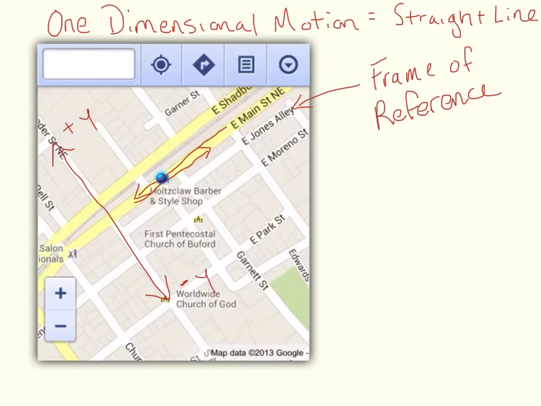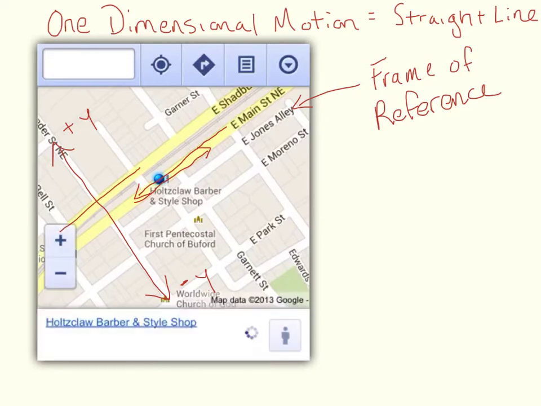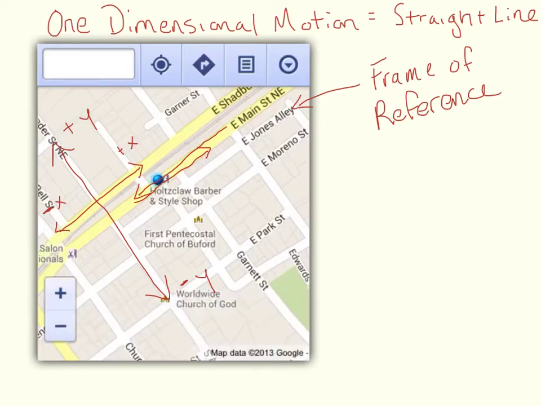And then that makes these roads along here my x-axis. Okay? So if I was moving in this direction, I called that the positive x direction, and this way I called the negative x direction. Now, that is not necessarily the correct way or the incorrect way. It was a way that was very easy for me, okay?